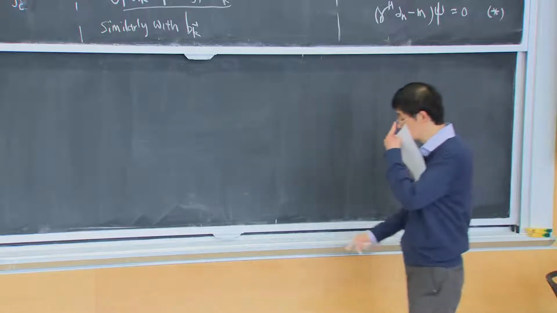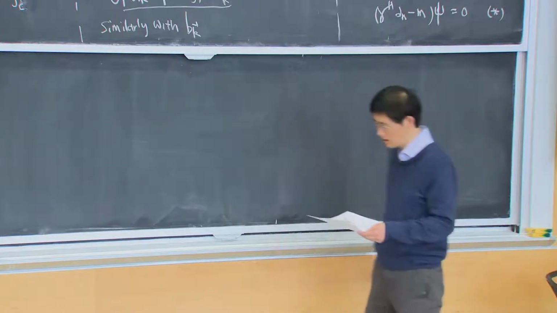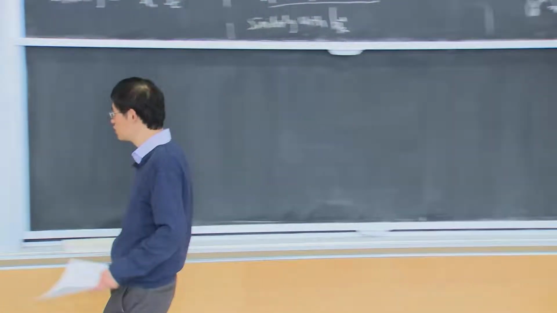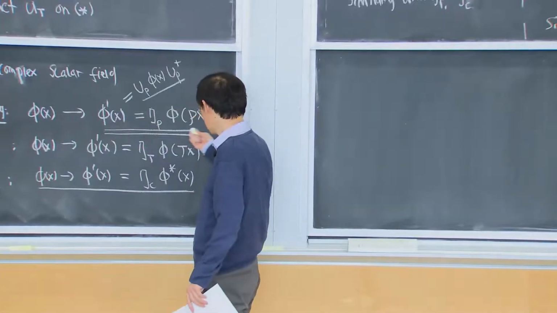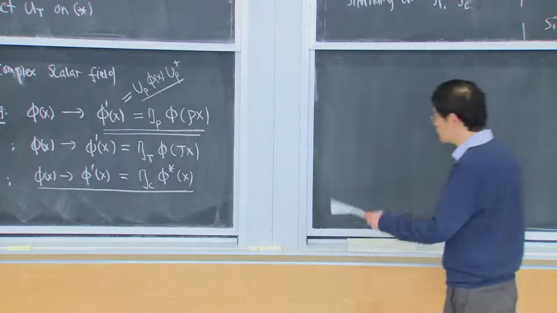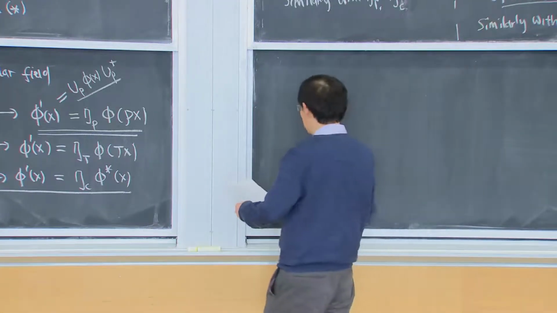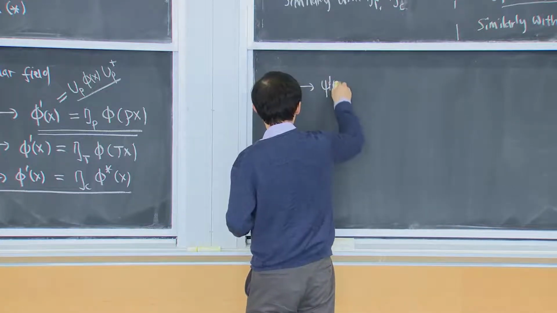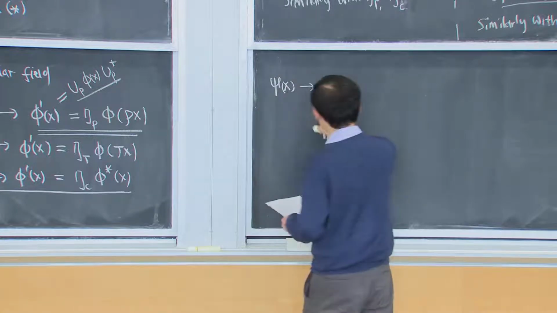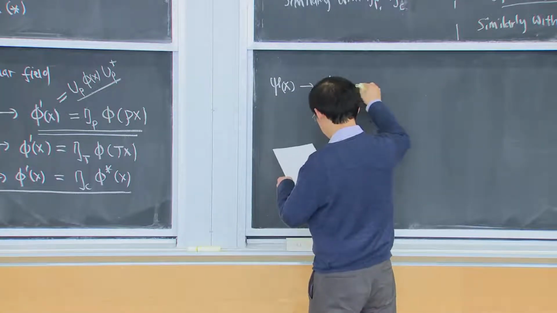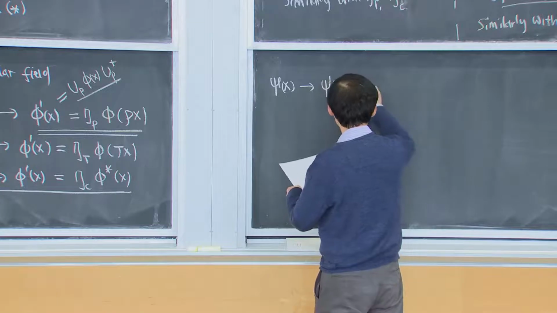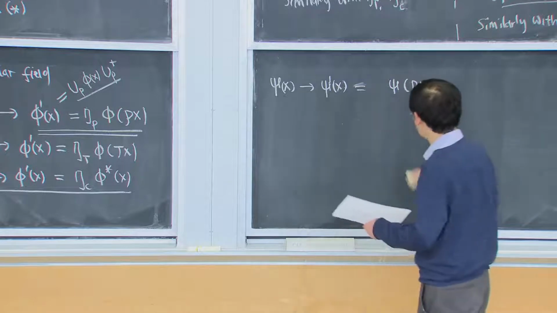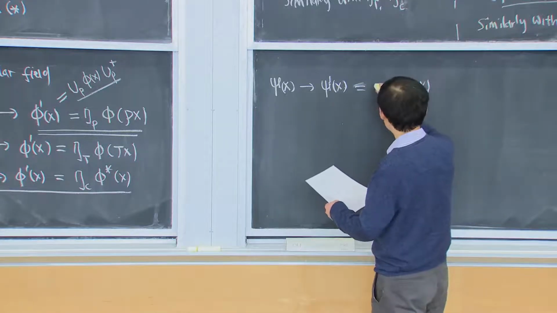As everything with the Dirac field slowly becomes tricky, naively, if you want to just generalize the scalar story, we say let's imagine the Dirac field should transform as psi goes to psi(Px), maybe with some phase.